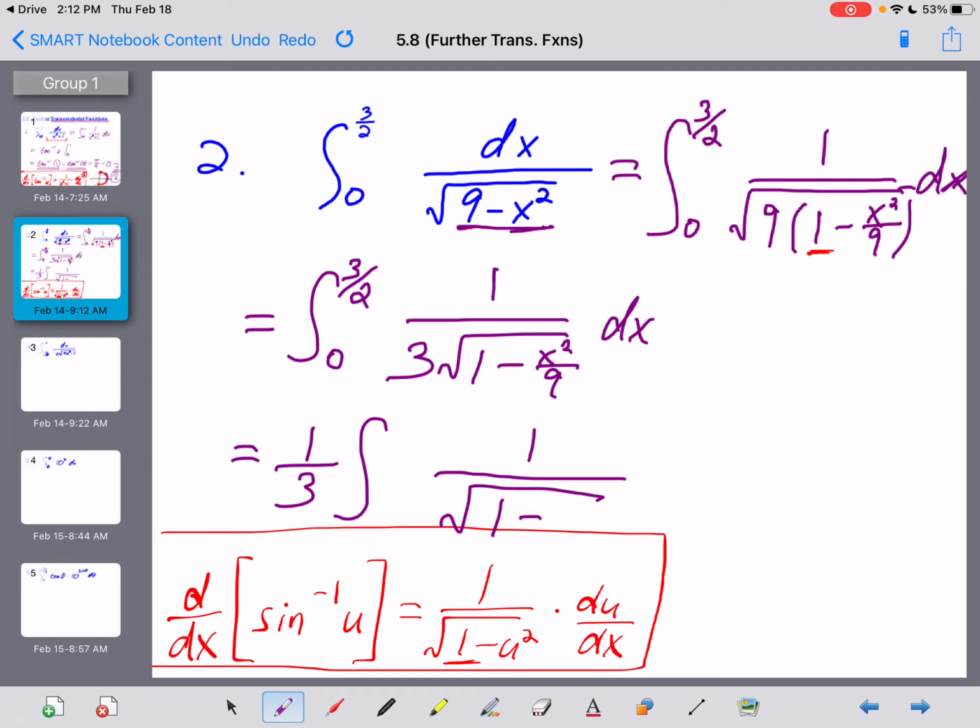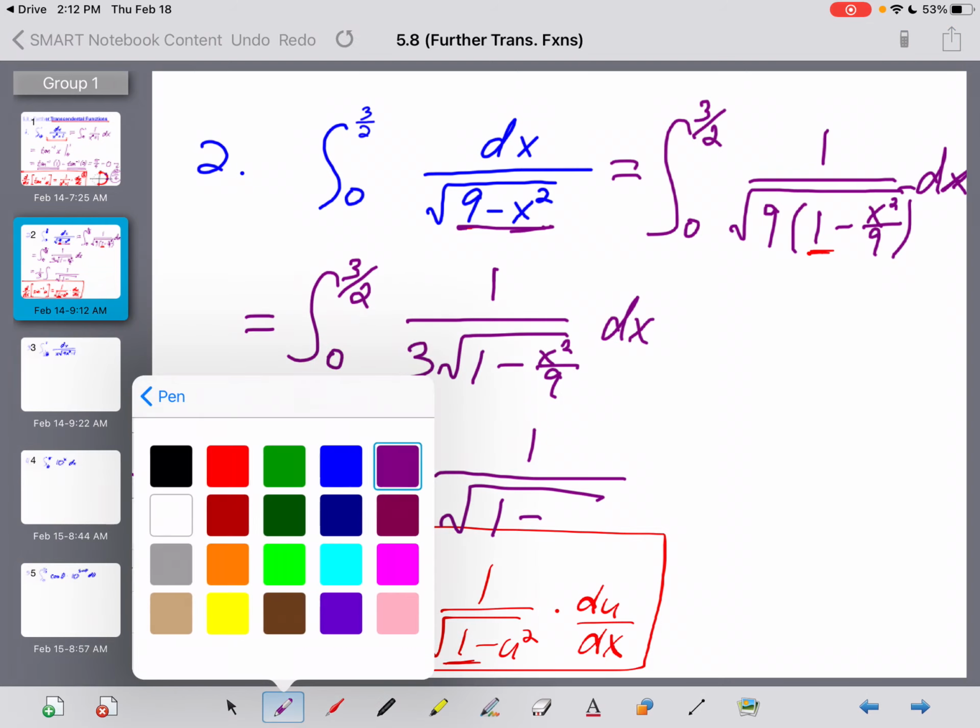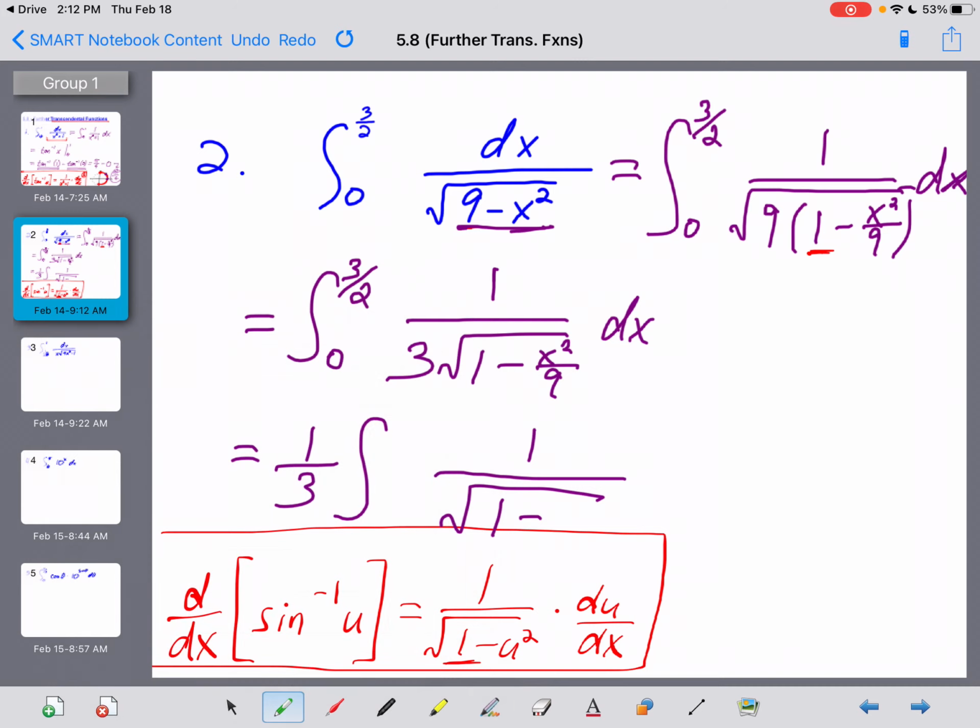This formula in red doesn't help me when my radicand is 1 minus x squared over 9. It only helps me when my radicand is 1 minus u squared. So what am I going to do? I'm going to take that x squared over 9 and replace it with u squared. That's what I need it to be.